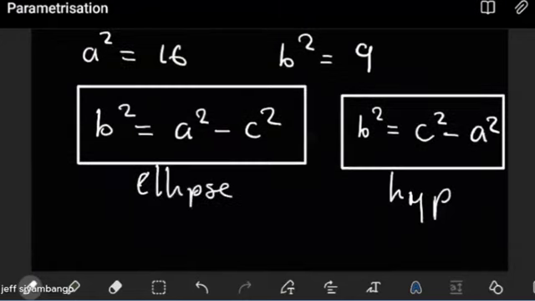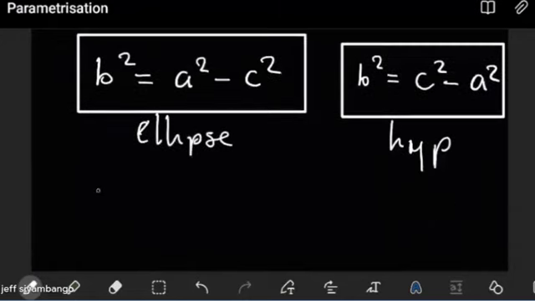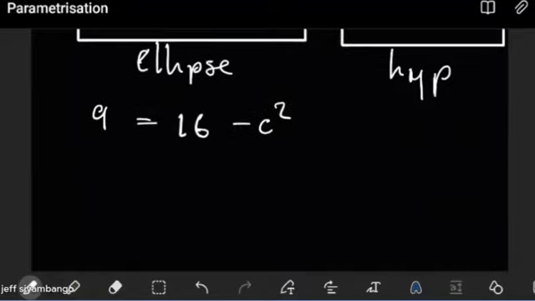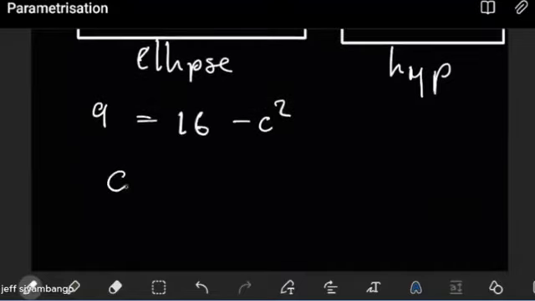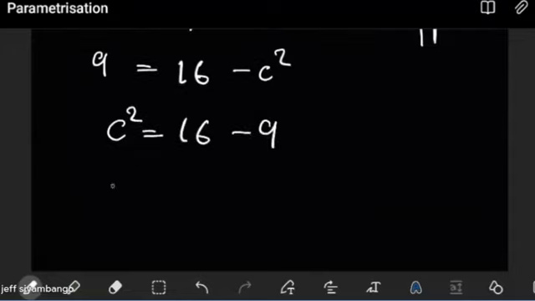So since we have b squared as 9 and a squared as 16, finding c becomes easy. c squared becomes positive this side, 9 becomes negative this side. So we now have c squared equals 16 minus 9, which leaves 7.